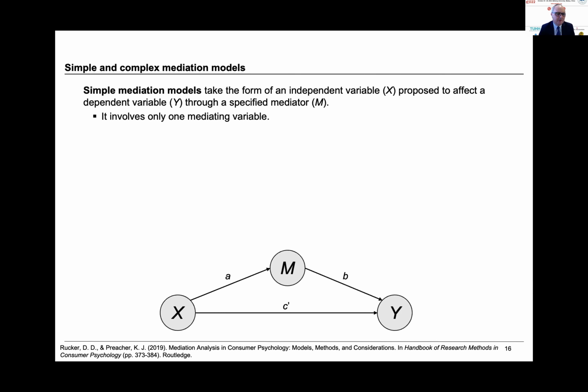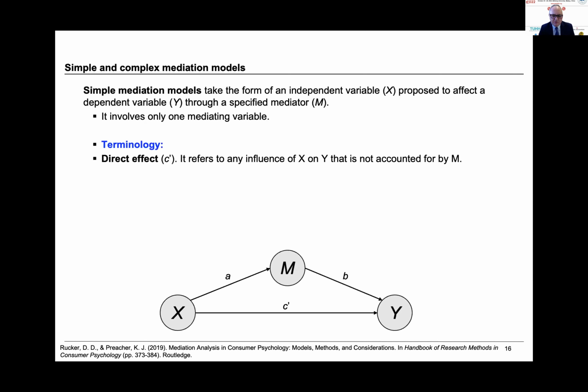Simple and complex mediation models. On the one hand, simple mediation models take the form of an independent variable proposed to affect a dependent variable through a specified mediator. It involves only one mediating variable. The terminology used in this context is the following.